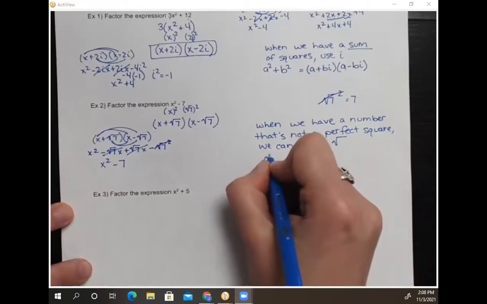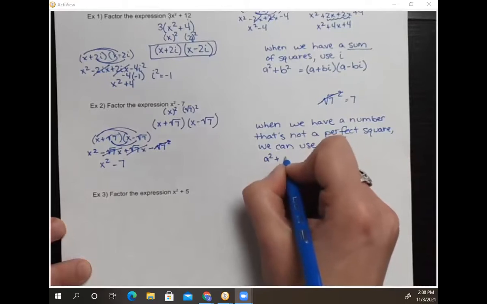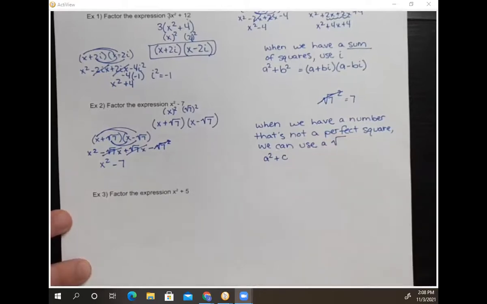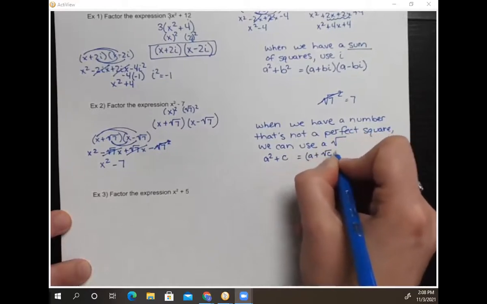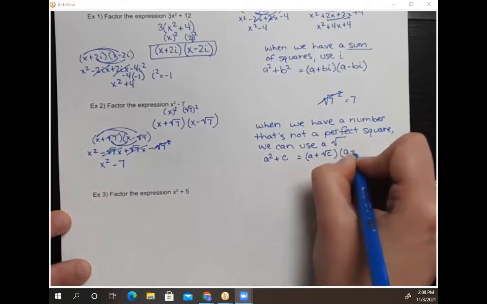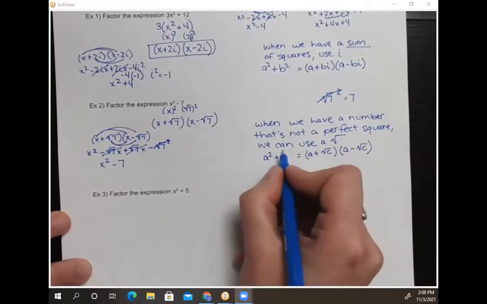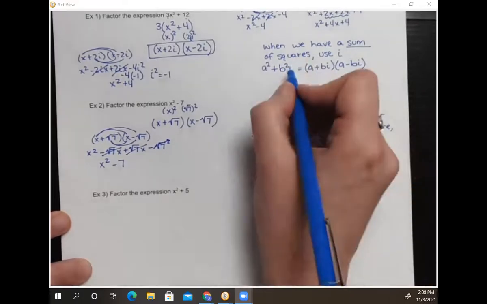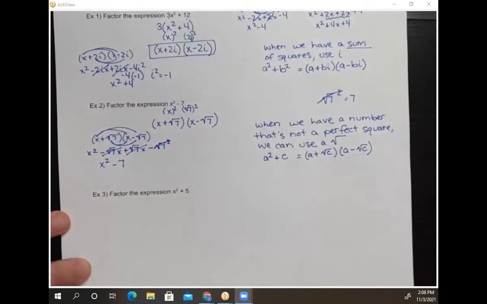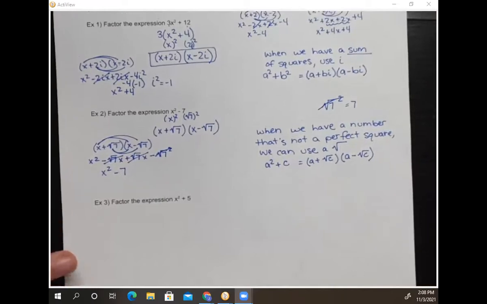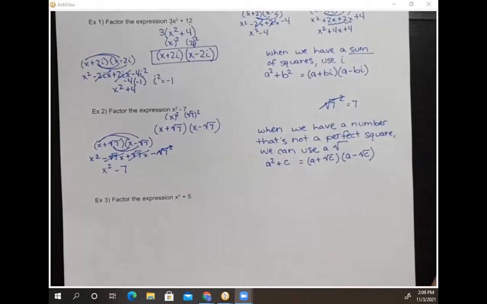So if I've got a squared plus, we'll say some number c here, I can factor that as a plus the square root of c and a minus the square root of c. So if this guy isn't a perfect square, I can't write it as something squared like we put up here, then I just use its square root to factor. So I can factor using irrational numbers, numbers that don't have nice square roots, that if I type this into my calculator, I get a non-repeating, non-terminating decimal.